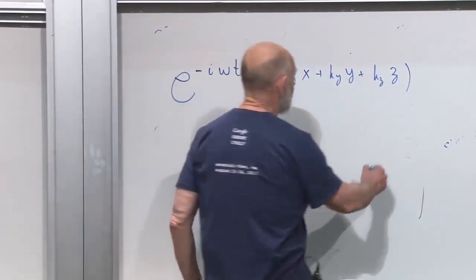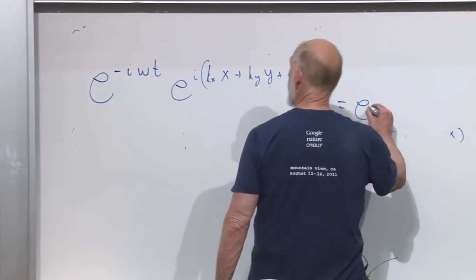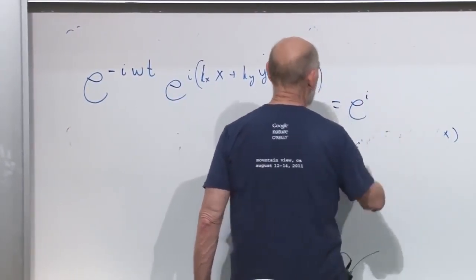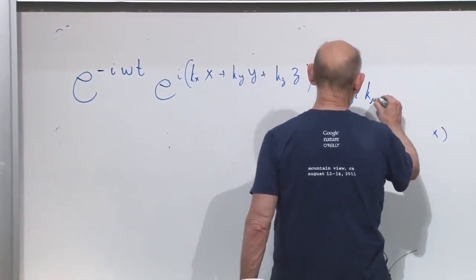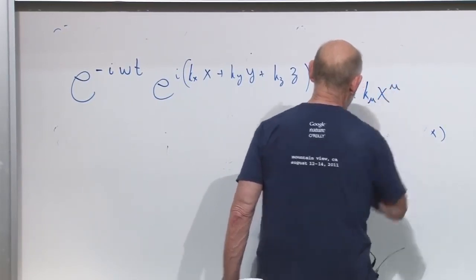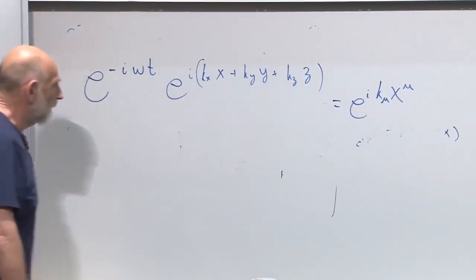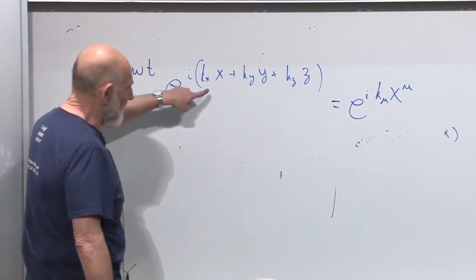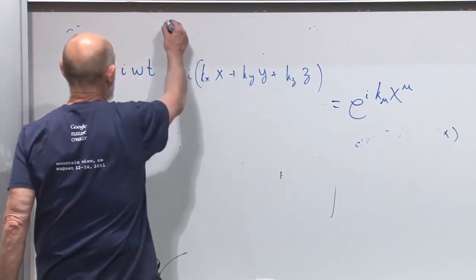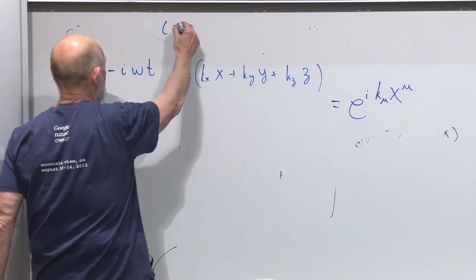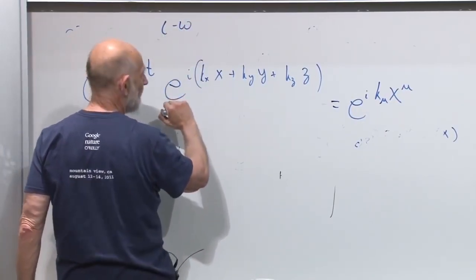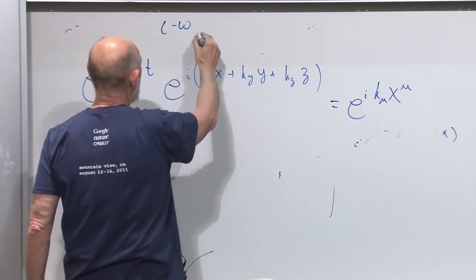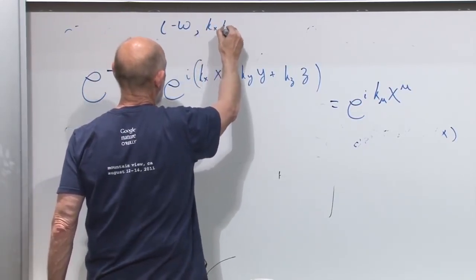We could rewrite it as e to the i k mu x mu. Where does that come from? Well, if I think of k as a 4 vector with components minus omega, do I want minus omega? I think so. And kx, ky, and kz.